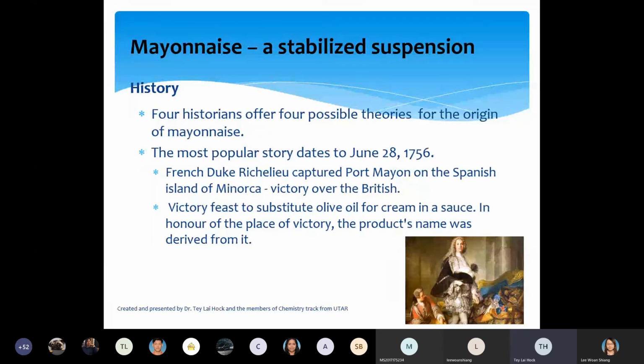Of course, the most popular one is 1756, June 28. One of the reasons is that a French duke known as Richelieu managed to have a war with the British, and he managed to capture the port Mayon. Remember the name, Mayonnaise, on the Spanish island of Minorca.